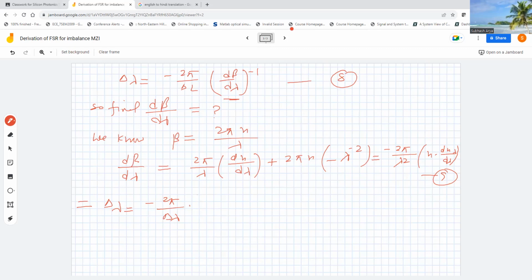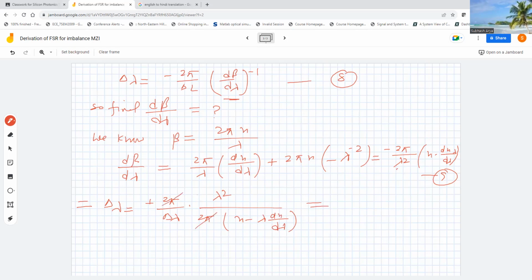So it becomes lambda square in the numerator, and 2 pi, and minus minus will be cancelled, so let us make it positive. And here the expression n minus lambda dn by d lambda is in the denominator. So 2 pi and 2 pi cancel.